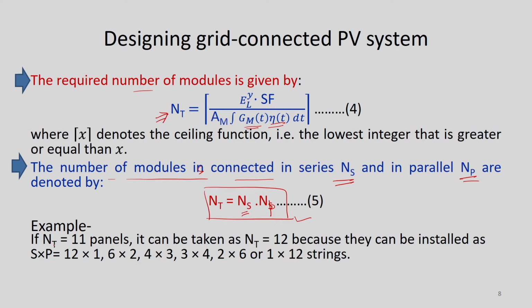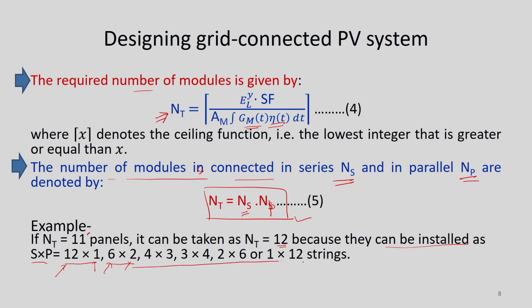And for example, if NT is 11 panels or 11 modules, it can be taken as NT is 12, because 11 is an odd number, and they can be installed as S into P. So, this may be 12 into 1, okay, or maybe 6 into 2, that is 12 in series and 1 in parallel, or 6 in series, 2 in parallel.